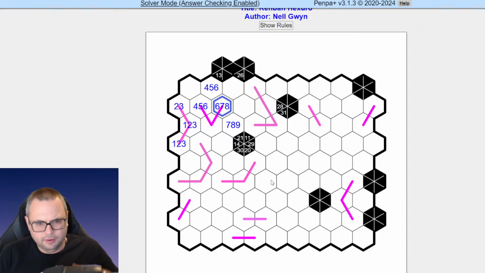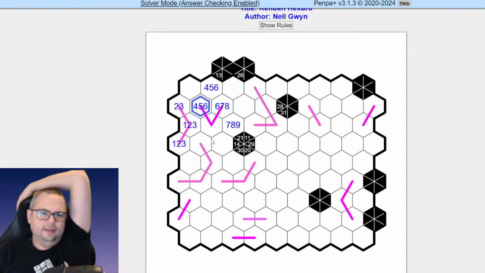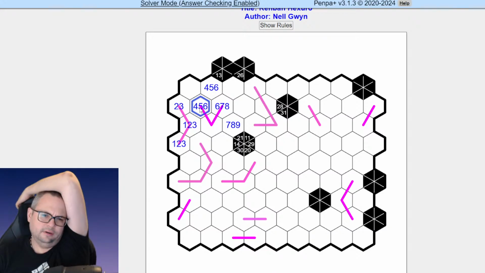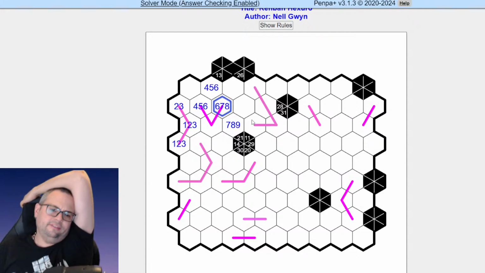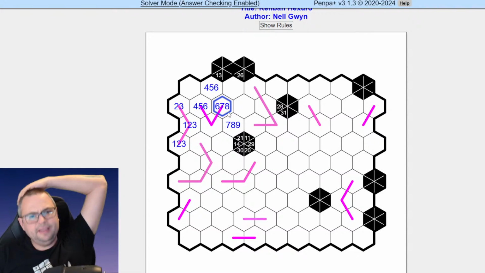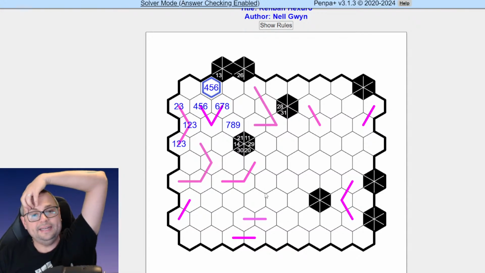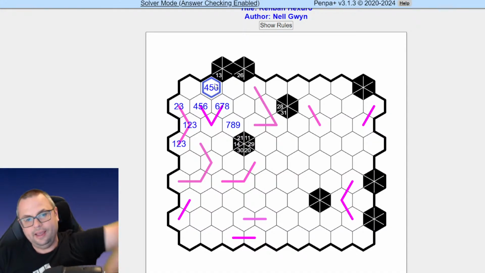And therefore this being a 4 doesn't actually work. Is that right? Oh, just this being a 6 just doesn't work. Because if this is a 6, it pushes that down to a 5, and that doesn't work.